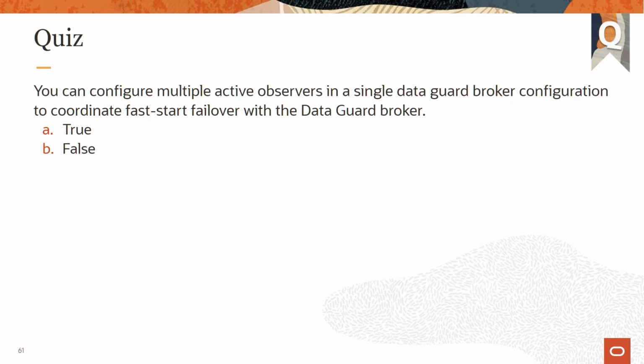The answer is false. You can configure multiple observers, but it doesn't mean that you can configure multiple active observers. So you can only configure one observer as an active observer, and other observers must be in the backup mode.